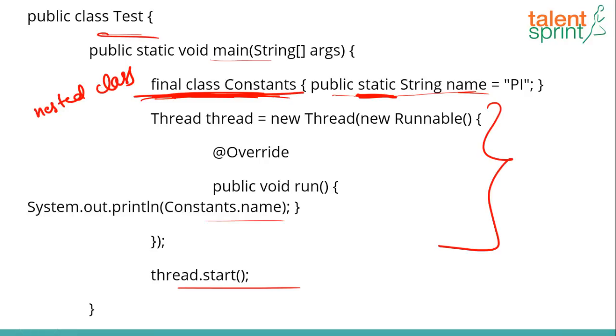That is the simple rule of using static in the nested class, unless you initialized it with a constant expression. So if instead of this we have public final static, then this program is good to go, because then this is a constant which you can have inside the nested class, and then the output will come pi. But since we don't have this final here, you cannot have a static inside a non-static reference, and that is why this will give you a compile time error.